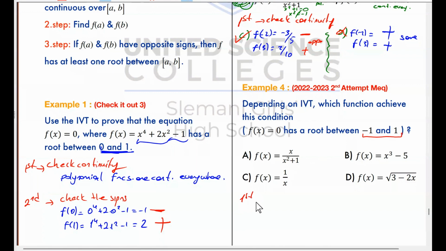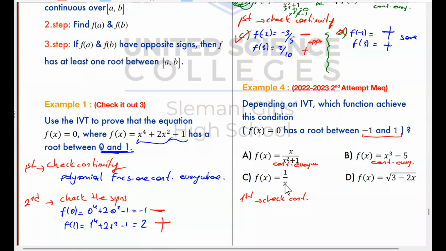First, check continuity. So, the first option, x squared plus 1 in denominator, there is no number that makes denominator 0, so it's continuous everywhere. Option B, polynomial, so continuous everywhere. So if it is continuous everywhere, then it's continuous over this interval too.